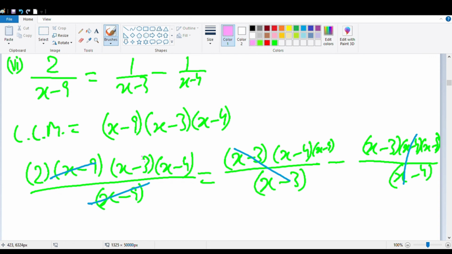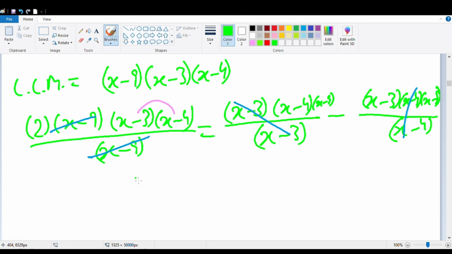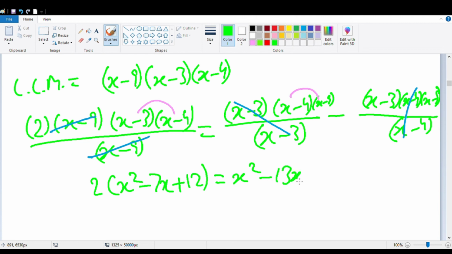So we have here x minus 3 into x minus 4, which is 2 into x squared minus 7x plus 12, is equal to x minus 4 into x minus 9, which is x squared minus 13x plus 36, minus x minus 3 into x minus 9, which is x squared minus 12x plus 27.